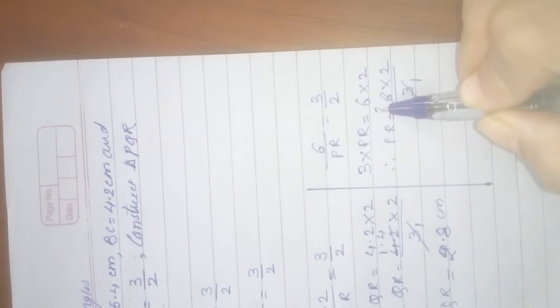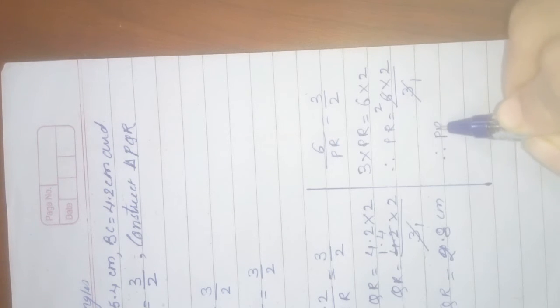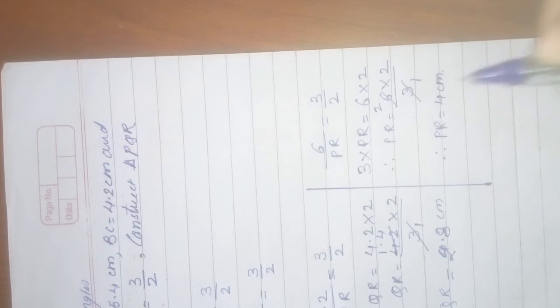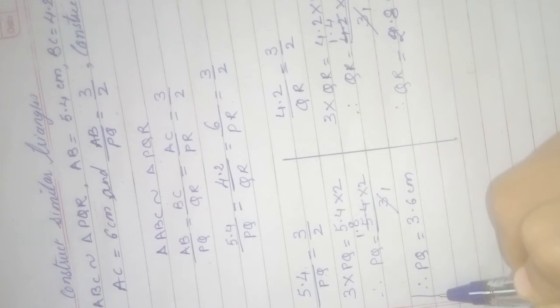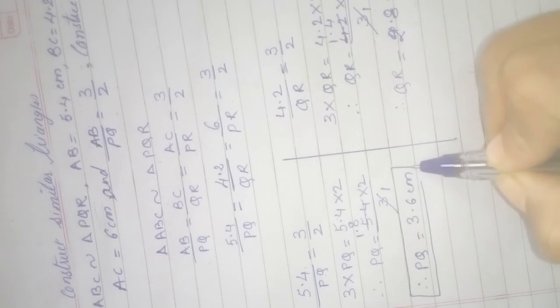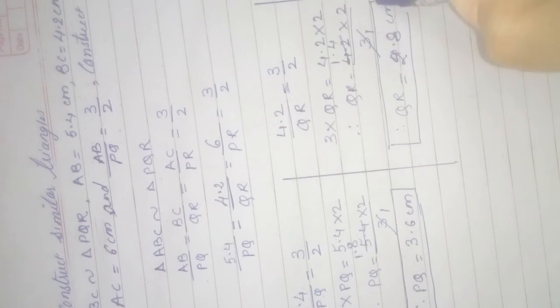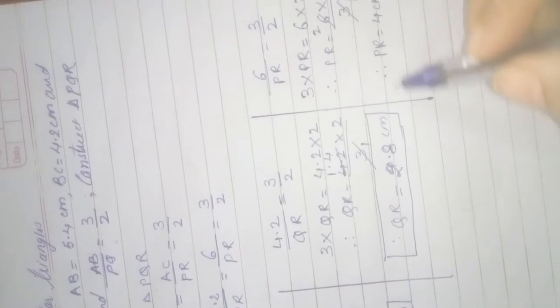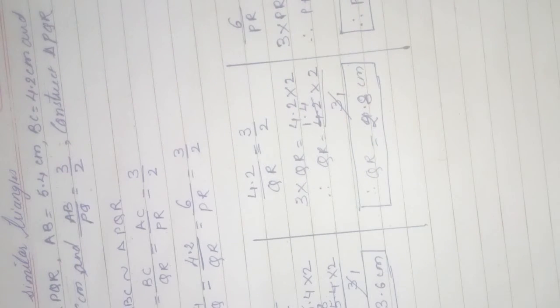So again we have to divide. Therefore PR is equal to 4 centimeters. Now children, we got the sides of triangle PQR. PQ is equal to 3.6 centimeters, QR is equal to 2.8 centimeters and PR is equal to 4 centimeters.